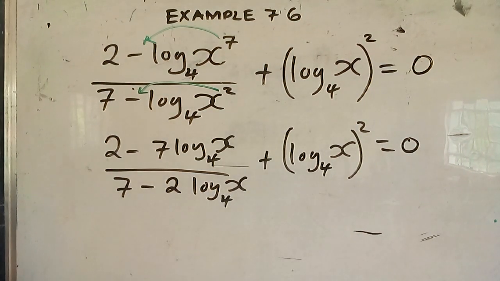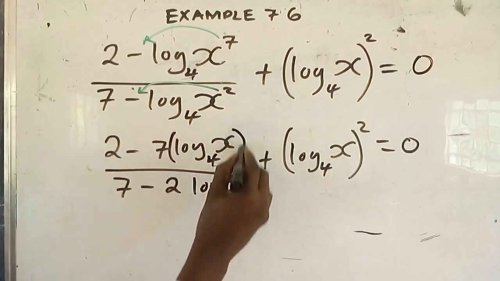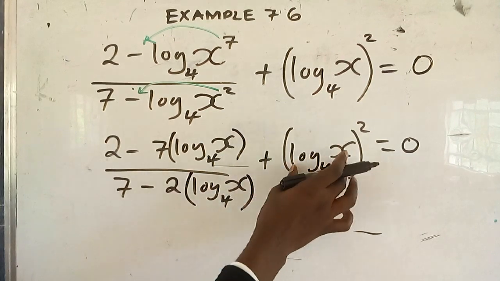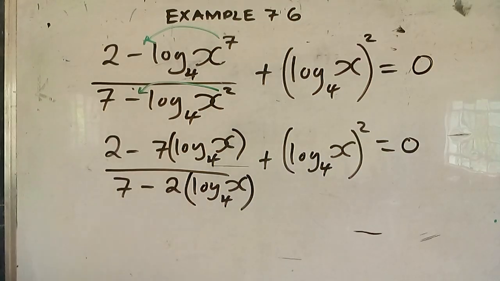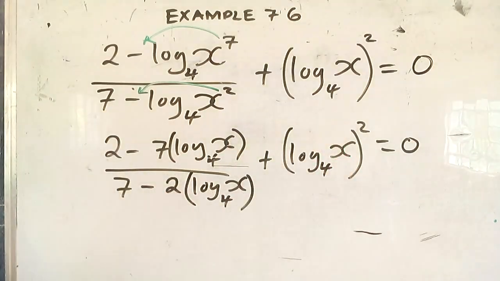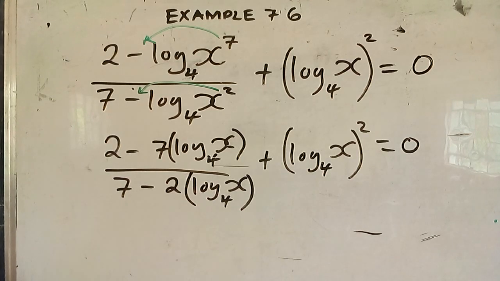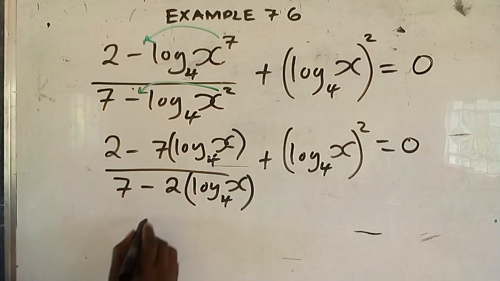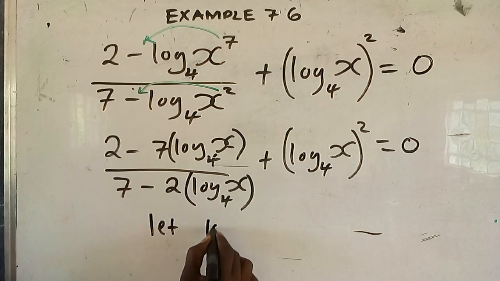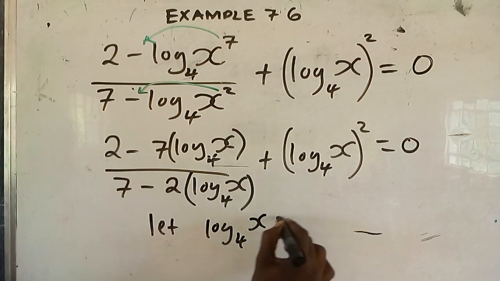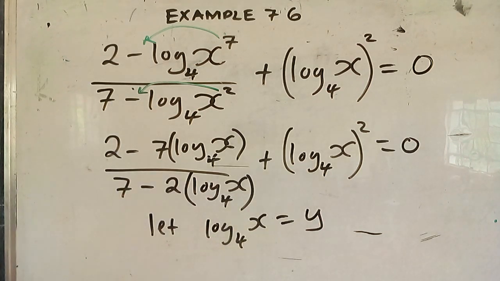You can see here we have log x to base 4 repeated, meaning we can let log x to base 4 be y. So let log x to base 4 equal y.